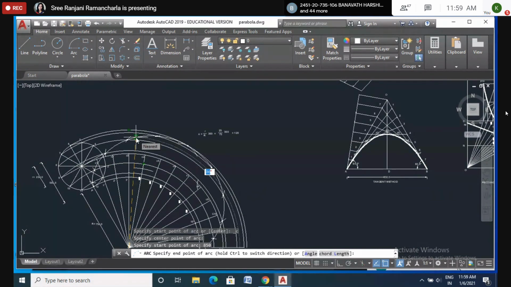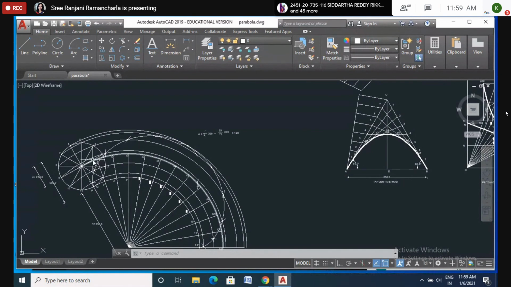I think this is not correct. Draw the normal and tangent to the curve at the point 8.5 centimeters from the center of the directing circle. It is cutting somewhere else. I think it is cutting here. 8.5 centimeter is cutting somewhere here. Okay. So you can cut there, or you can take like previous I have shown you.